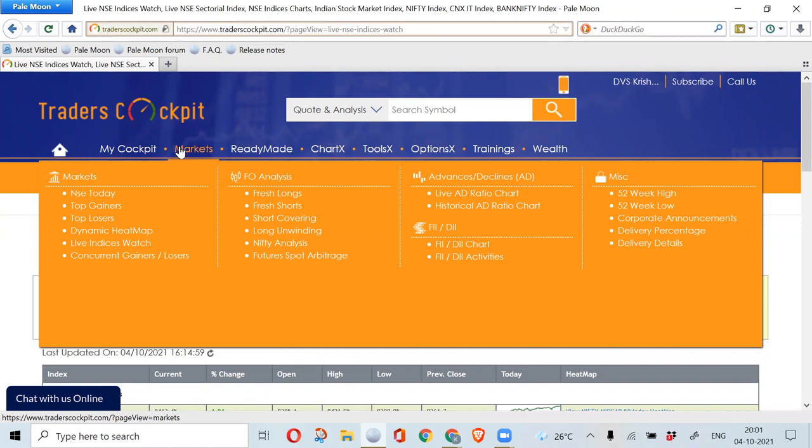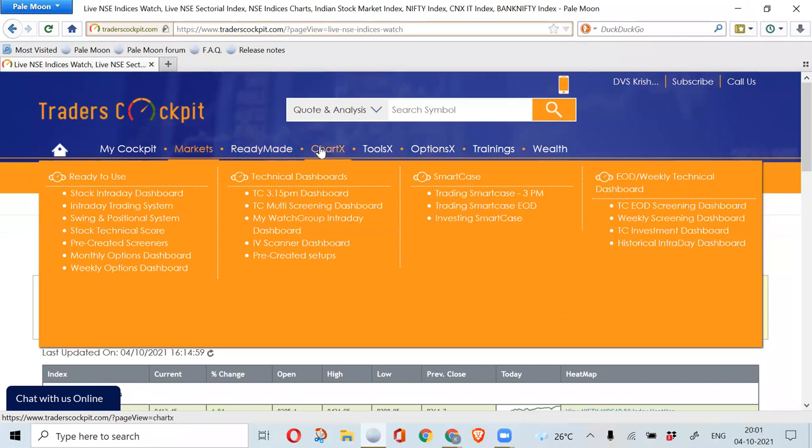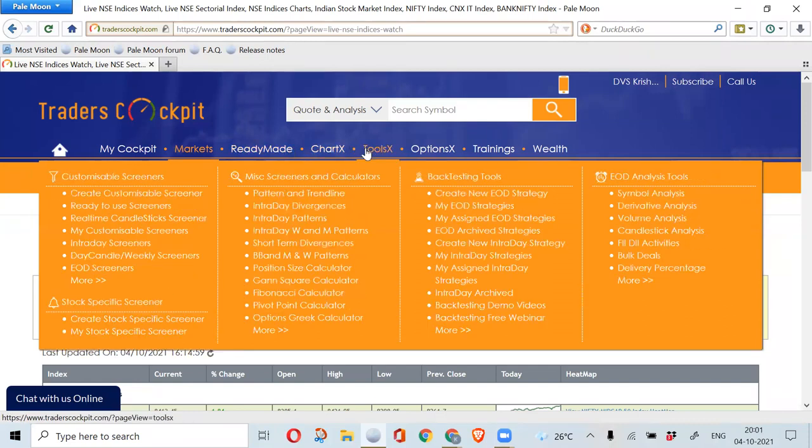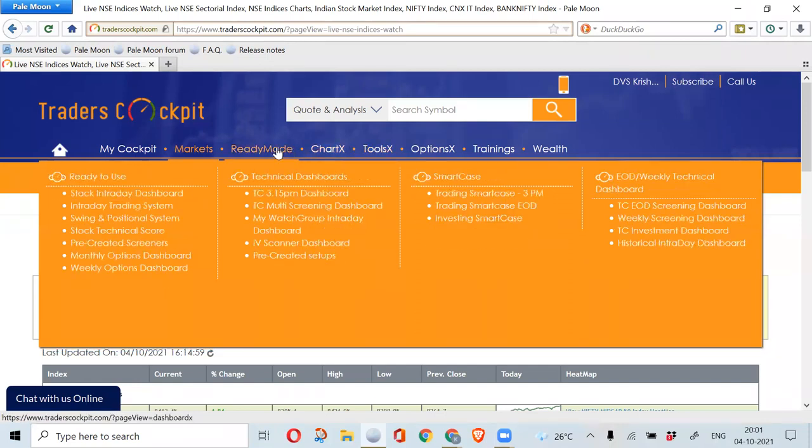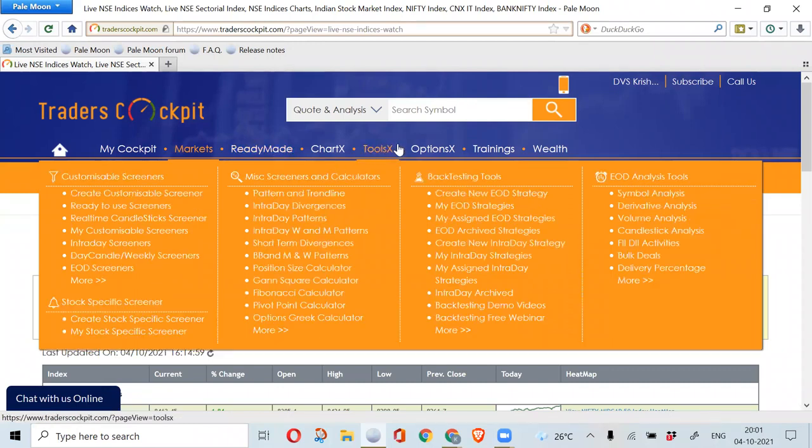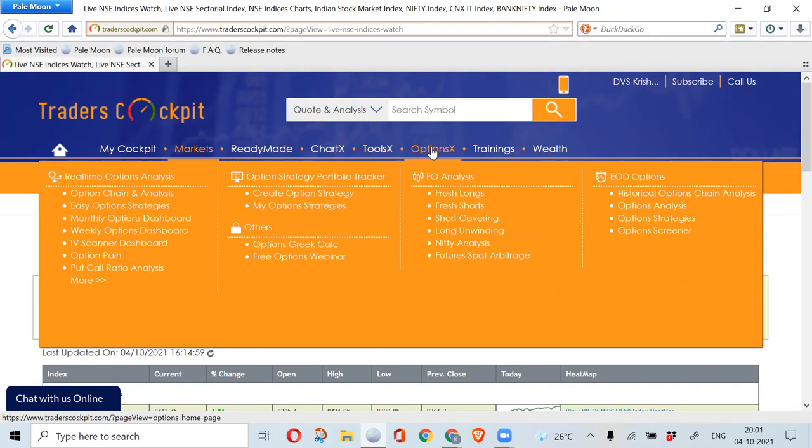Now, we shall discuss the most intelligent tools of the software, which are ready-made dashboards, charts, and toolsets, which will completely cover the equity analysis. As I have told you, we shall have a special session for options analysis, which I will be giving you next time.